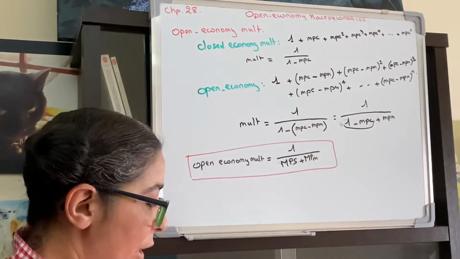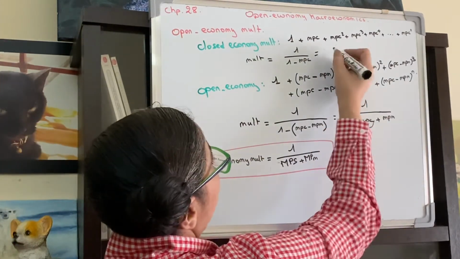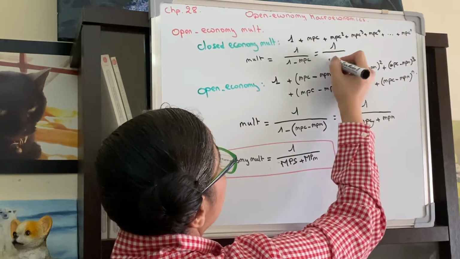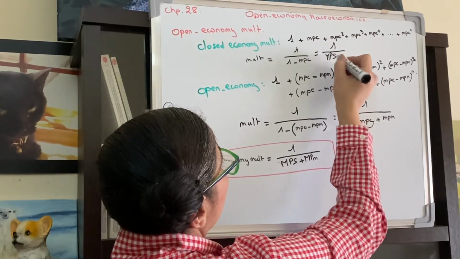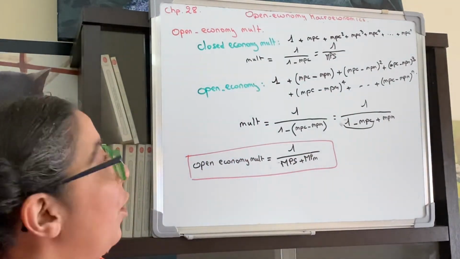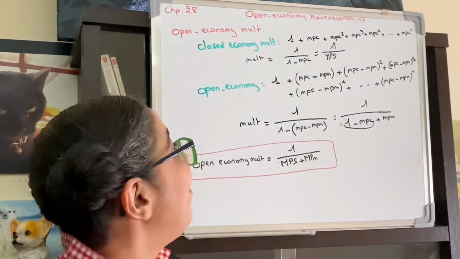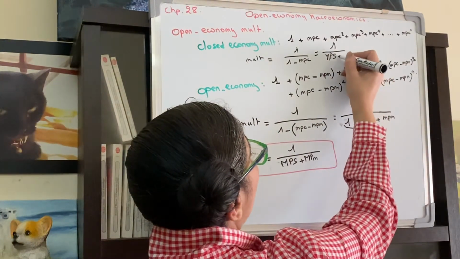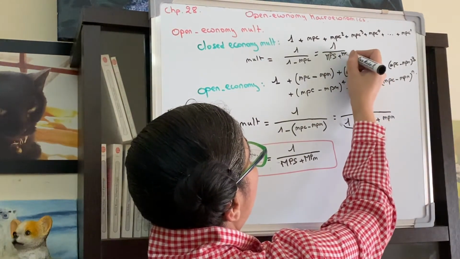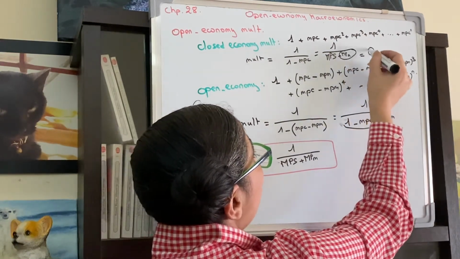Well, here in the closed economy, it was also 1 over MPS. Yeah, 1 minus MPC is 1 over MPS. Now, in a closed economy, I could have said it was plus MPM, but MPM was equal to 0.